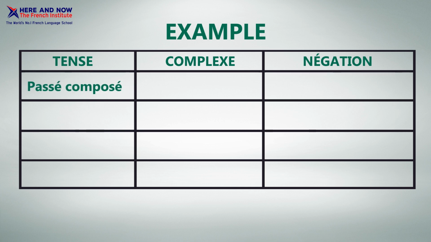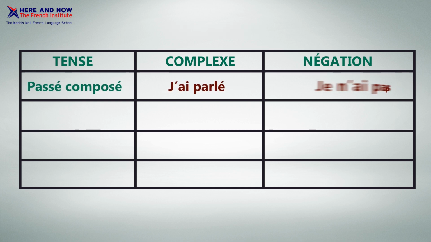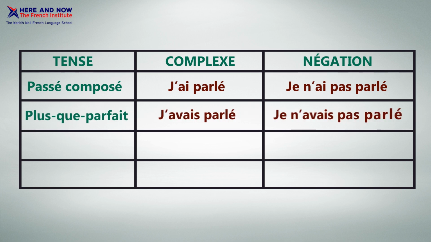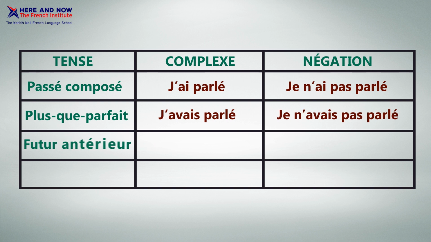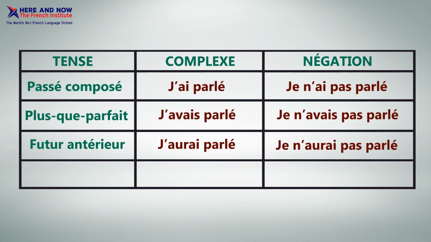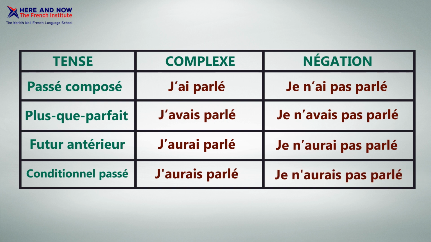Passé composé. J'ai parlé, je n'ai pas parlé. Plus-que-parfait. J'avais parlé, je n'avais pas parlé. Futur antérieur. J'aurai parlé, je n'aurai pas parlé. And conditionnel passé. J'aurais parlé, je n'aurais pas parlé.